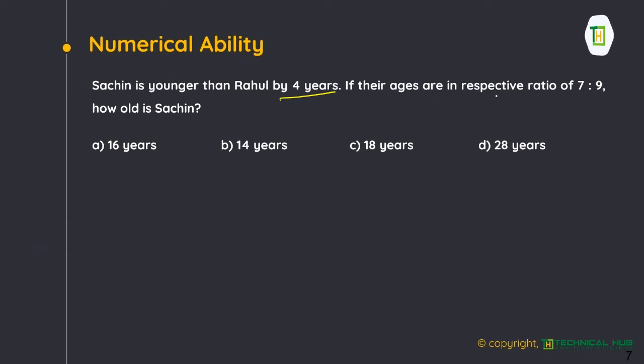If their ages are in the ratio of 7:9, how old is Sachin? Here Sachin is equal to Rahul minus 4, because Sachin is 4 years younger than Rahul. The ratio of Sachin and Rahul is given as 7:9.